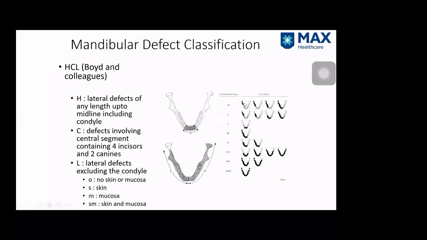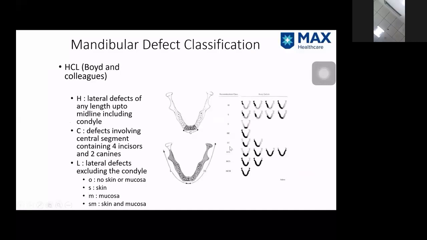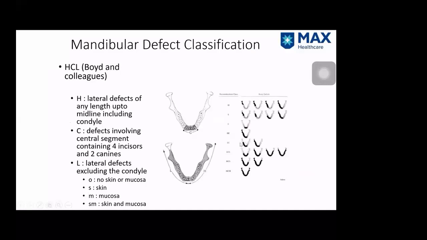So as you can see from these pictures, we're including the condyle and we're removing the lateral part of the mandible. So this is called H. C is anything in the central arch. L would mean lateral defects excluding the condyle. So depending on the defect, we label them according to what all is being removed.